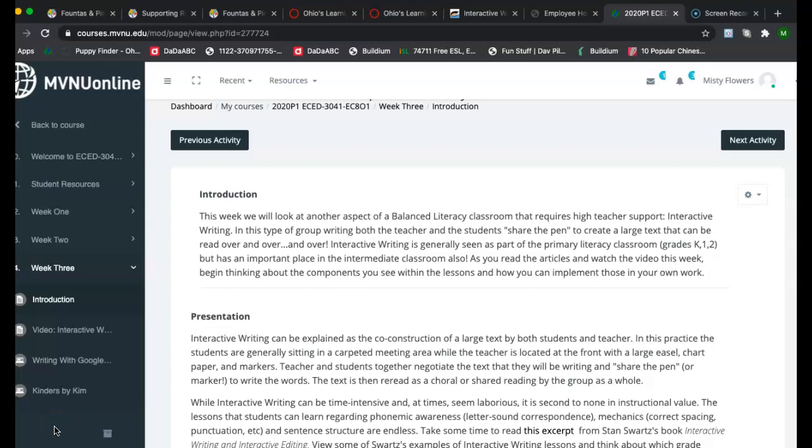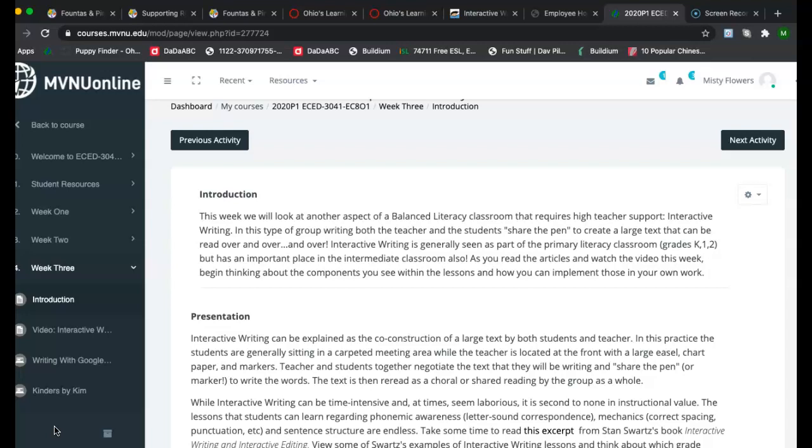Hi, everyone. This week, we are looking at the aspect of interactive writing in a balanced literacy framework. In interactive writing, the teacher and the students negotiate the text together. Through conversation based on a common experience, they generate the text.